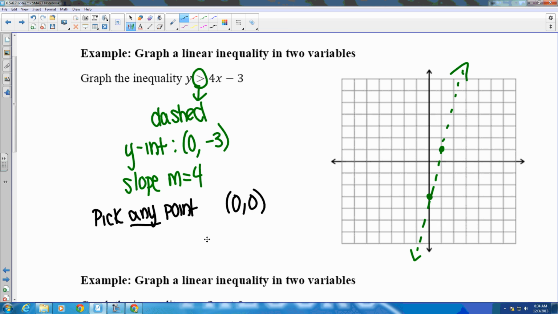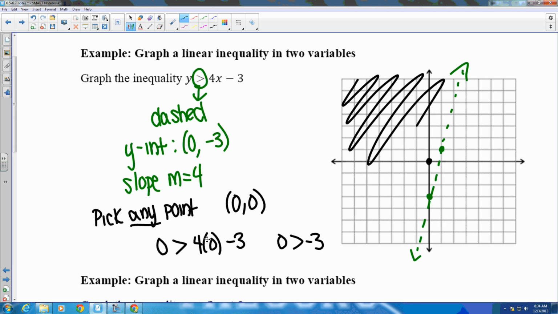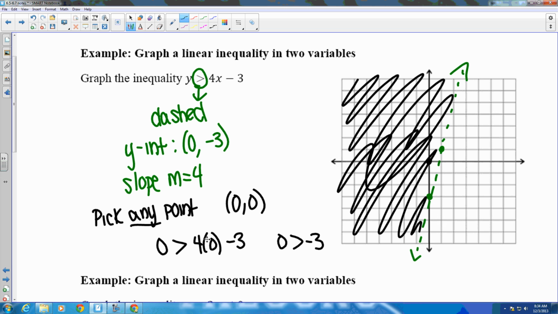So 0, we're trying to see if that's greater than negative 3. Is 0 greater than negative 3? Yes, it is. So because we picked this point, and because that side is true, we shade that side. Just like that. Don't have to do a really thorough job, just make sure that it's clear which side you're shading.